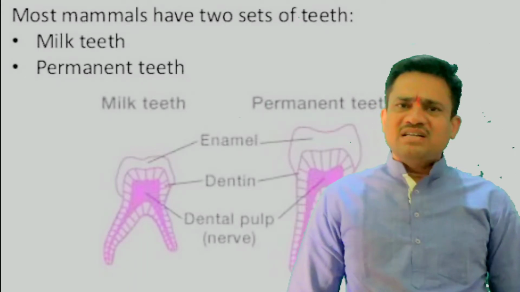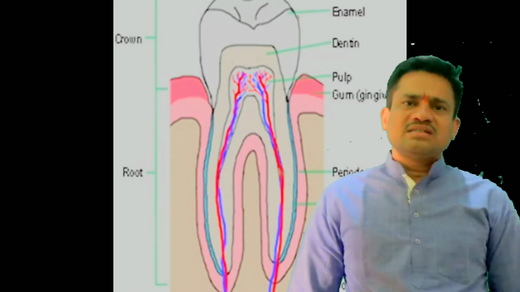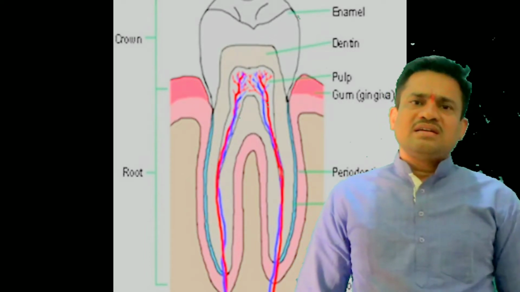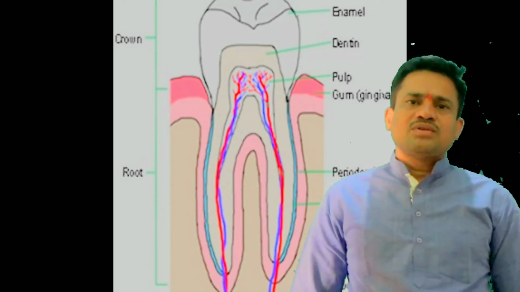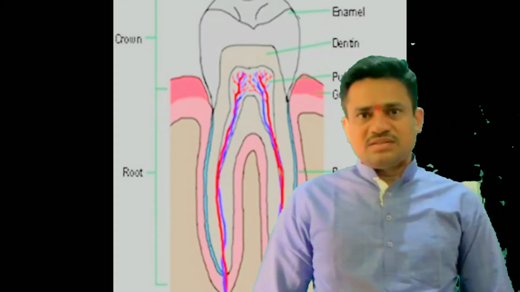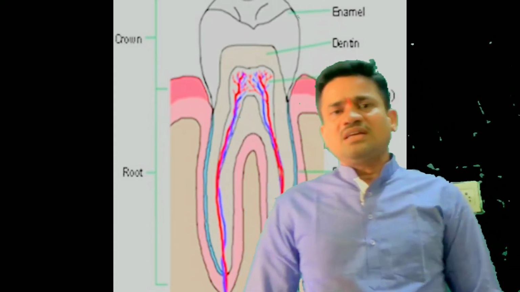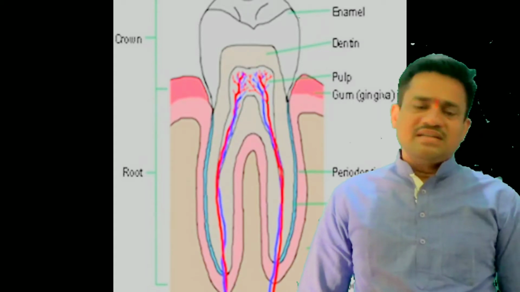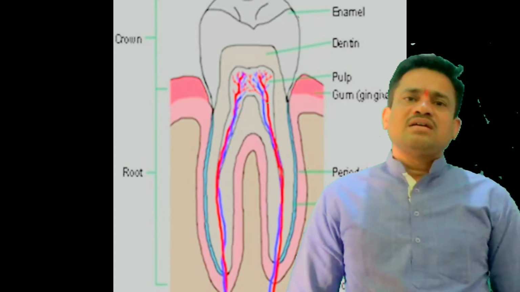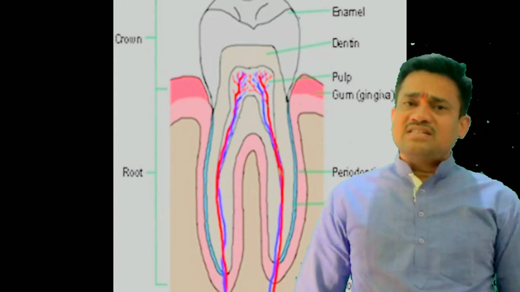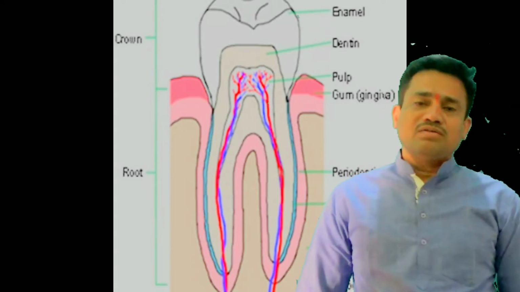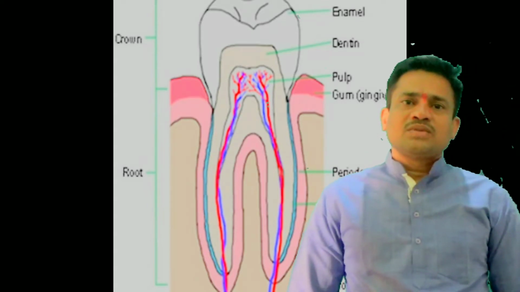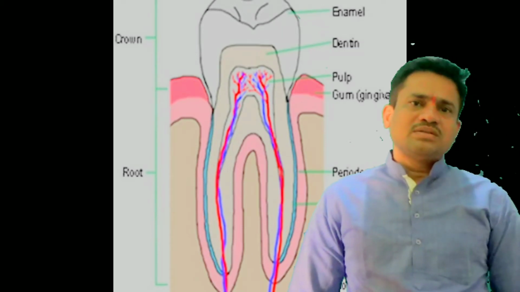Immediately behind the incisors there are canines. What is the function of canines? Generally the function of canines is piercing and tearing the material. These canines are highly developed in carnivores. Next, premolars.